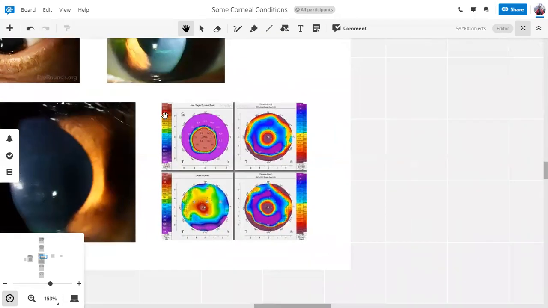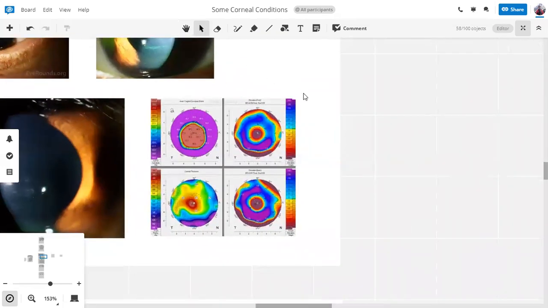Check the corneal thickness, we perform a gonioscopy, we check the curvature of the cornea, corneal thickness, corneal curvature, and the corneal surface. So these are the principles basically of the investigations which we're about to do.